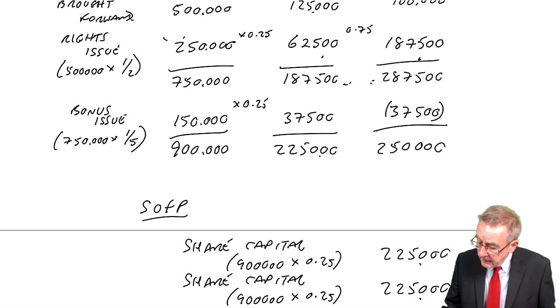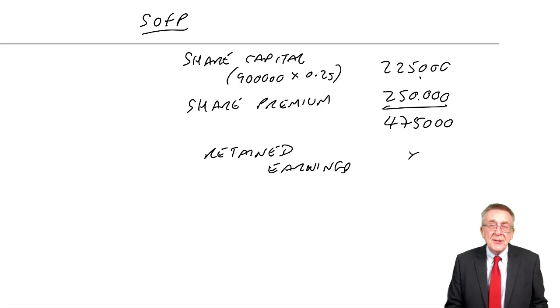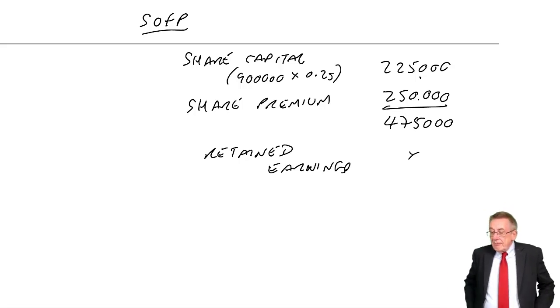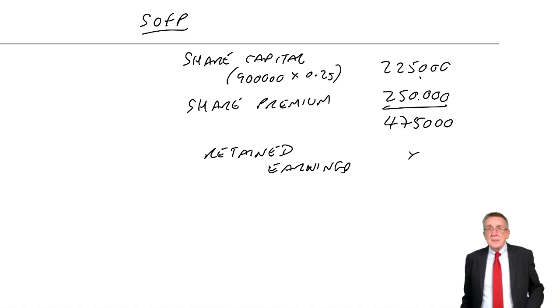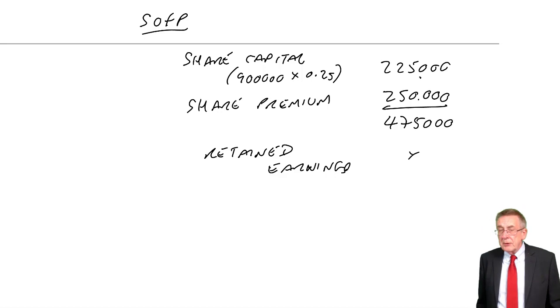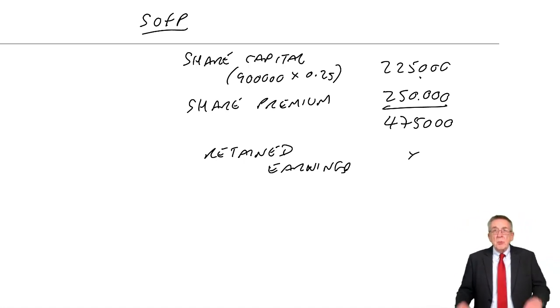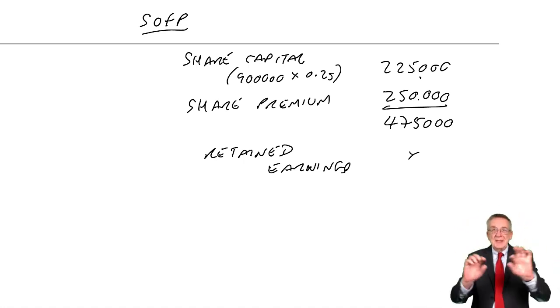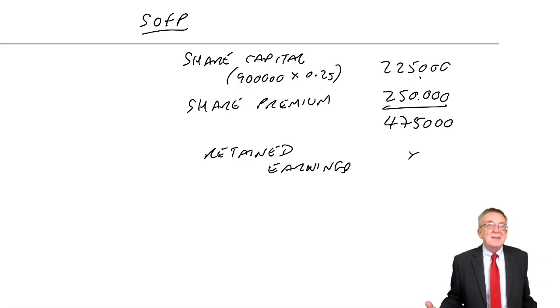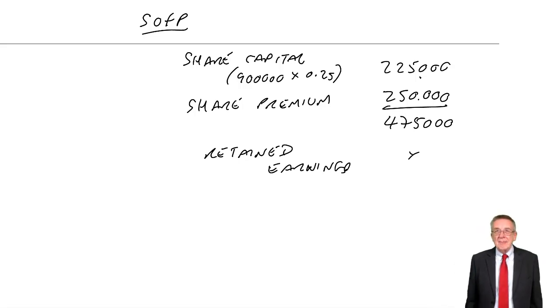A lot of people get upset about why on earth do they give free shares? Well, I'll tell you quickly, although it's not your problem for this exam, it's later exams where we could say a lot more about the reasoning. One reason is effectively to try and get rid of share premium. You know, why have two lines on the statement of financial position where effectively they are both capital?